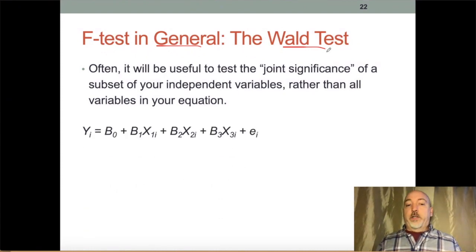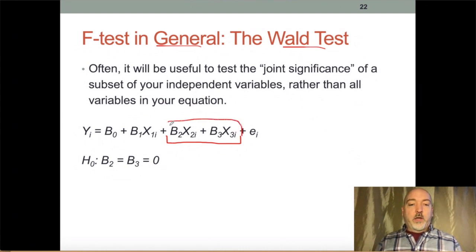Okay. So in a generic scenario, if we have y as a function of 3 variables, x1, x2, and x3, there may be scenarios where we want to look at, say, just x2 and x3. We want to know if those two variables taken as a group give us meaningful additional explanatory power.